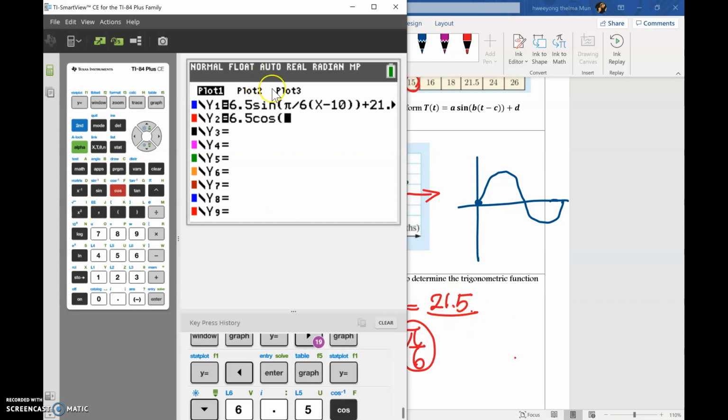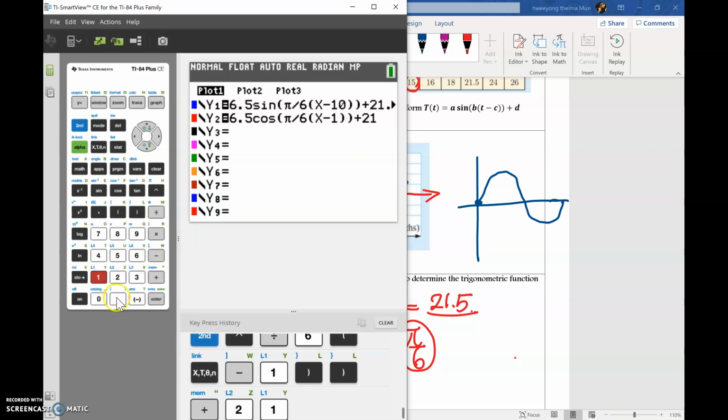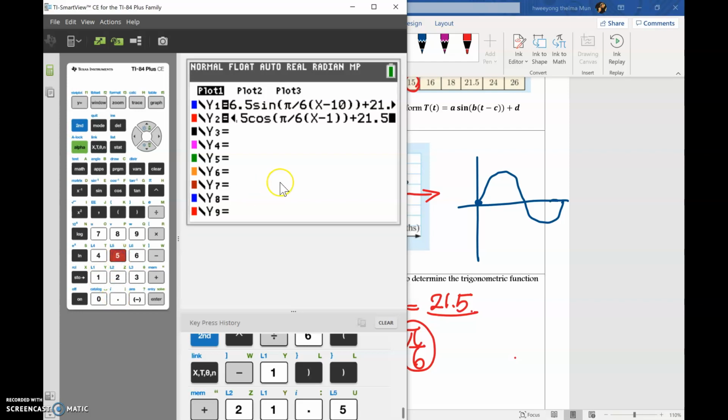The frequency is going to be the same thing as well, because it's 2 pi over 12. 12 is the period, so we're going to press pi divided by 6. In the calculator, you're going to put it in terms of x. And then here, when you have a cosine function, it's only going to have a phase shift of about 1. That's also an estimation. And then plus 21.5 is our vertical shift.